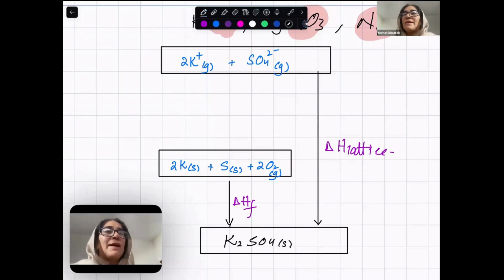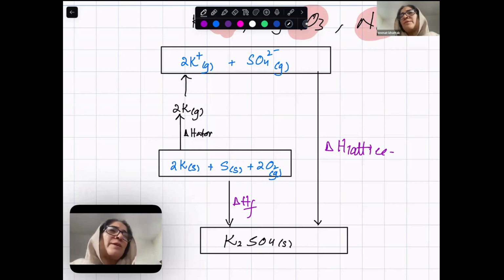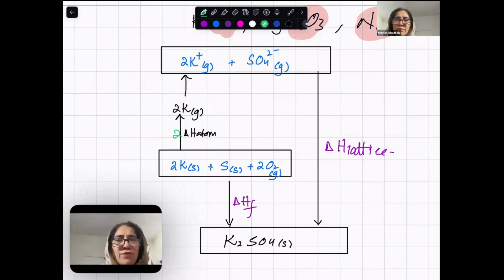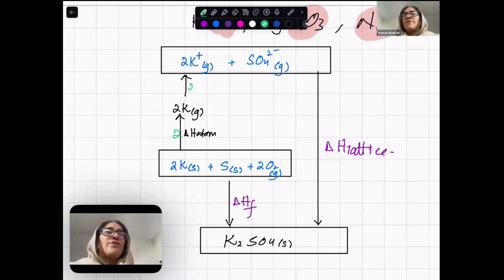And for the metal, the same atomization. This is atomization, how many times? 2. Why? Because there are 2 potassium atoms that are made from the elemental state. And now 2 into what?